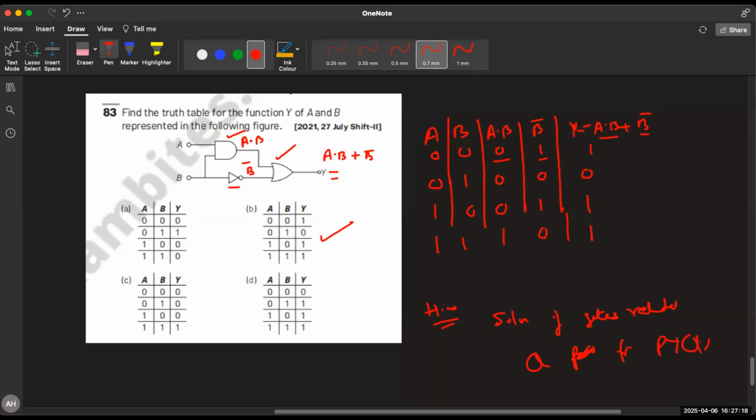Gate and modern physics both are very scoring. In the last 2-3 attempts, 3 questions were set from modern physics and semiconductors. Yes, is it clear? Written?